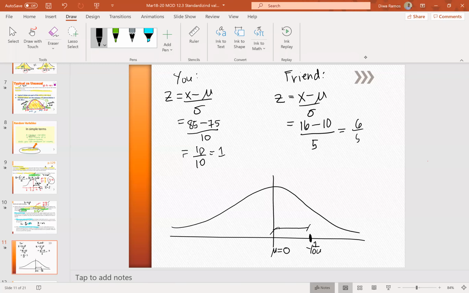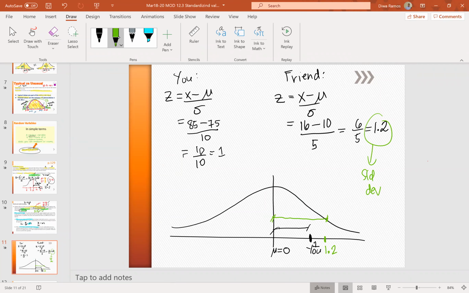That's 6 over 5, or 1.2, 1 and 1/5. So 1.2. Your friend actually, compared to her classmates, scored a little bit higher, performed a little bit better. Because within her own class, she is 1.2 standard deviations away from the average of the class.